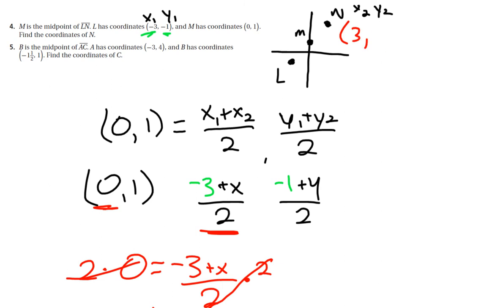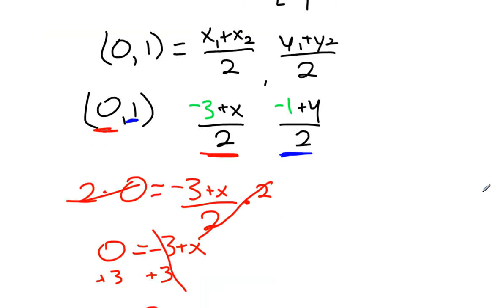And now we've got to find y. So we come back, we say, well, we want this, and we want this. So we're going to say 1 equals -1 plus y divided by 2. And we do the same thing. Anytime you do midpoint, you're always going to end up multiplying by 2 times 2 times 2.